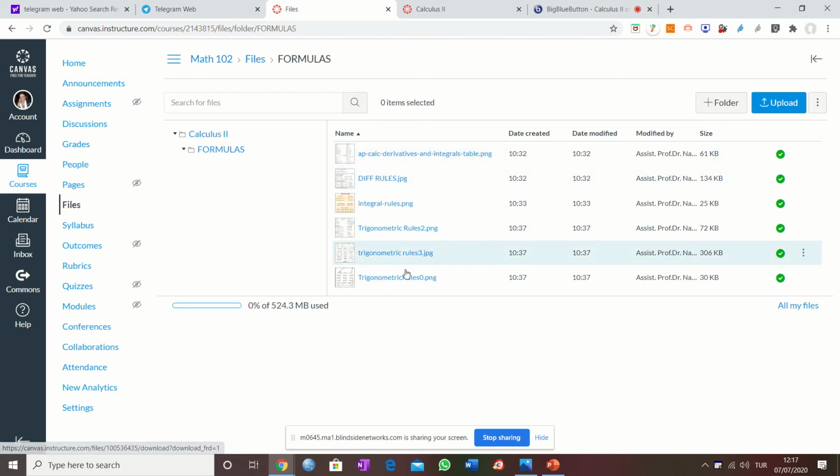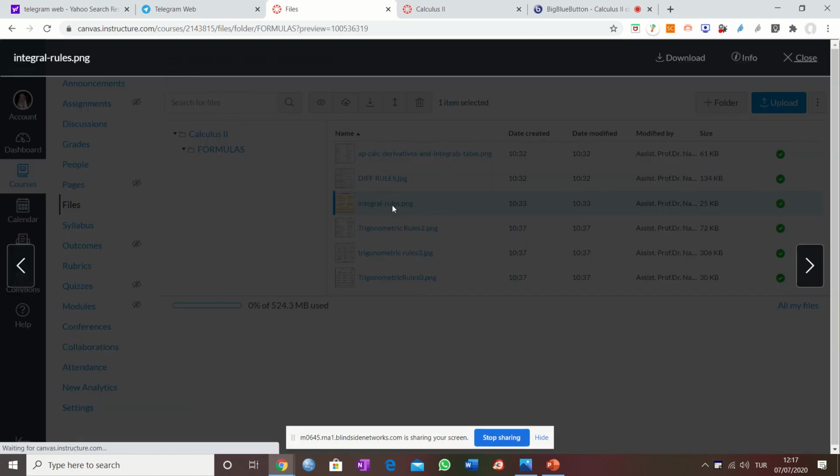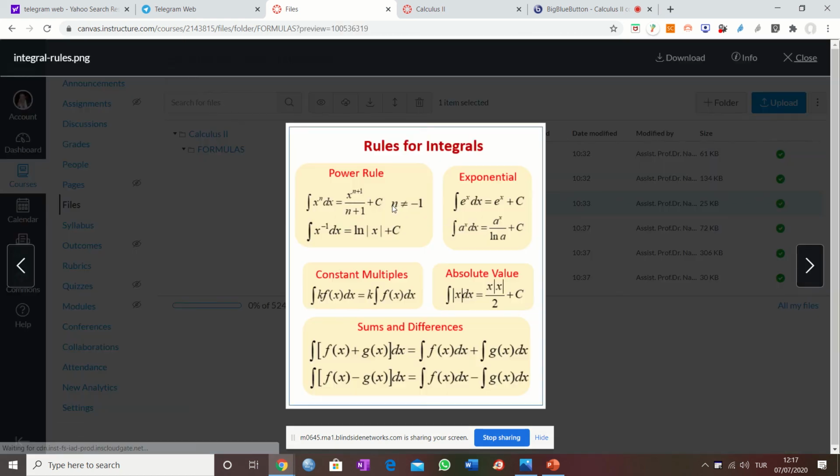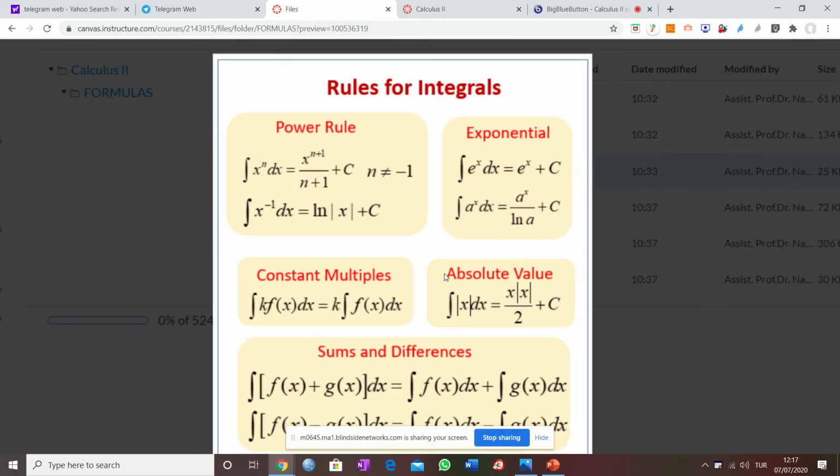So here, what else do we have? Integral rules. Let us pass to the integral rules that you have seen. I maximize it a little bit. Here there is the power rule of an integral, x to the power n. You can write x to the n plus 1 over n plus 1, plus a constant.